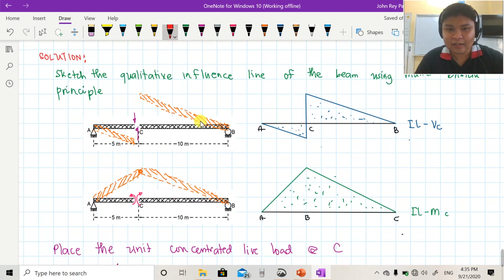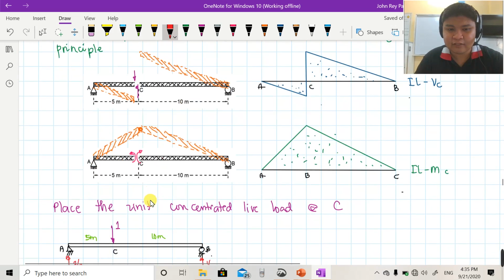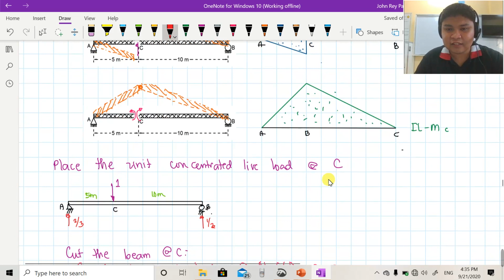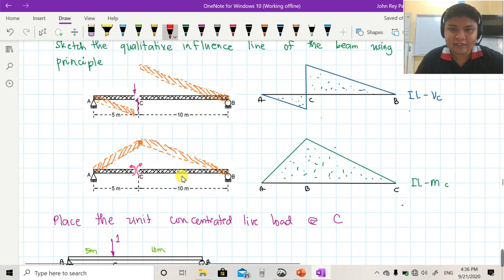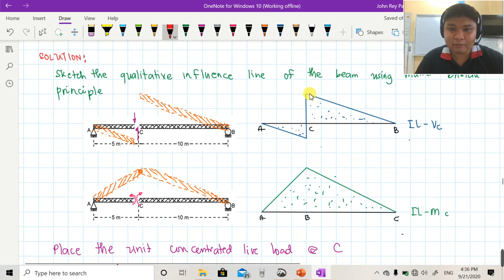So, technique na lang, ilagay mo yung unit load sa point C. So, place the unit concentrated live load at C. So, for this case, magkakaroon ng reaction na 2/3 and 1/3 from A and B. And kapag hinati natin yung beam sa C, so kung maaalala nyo, may dalawa tayo ditong i-consider na cases kasi nga from the influence line for the C, may dalawang values, isang negative and isang positive.